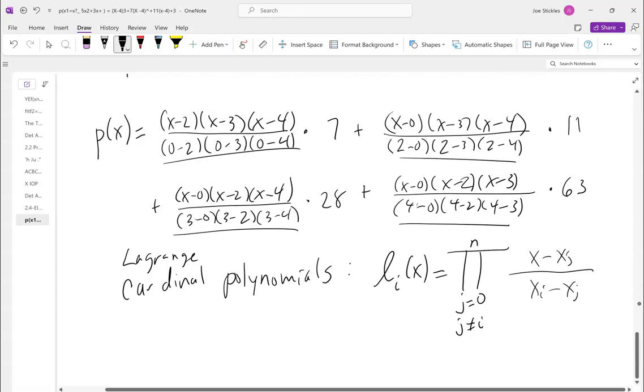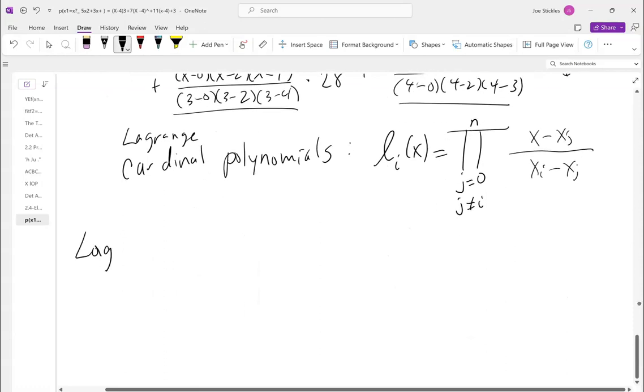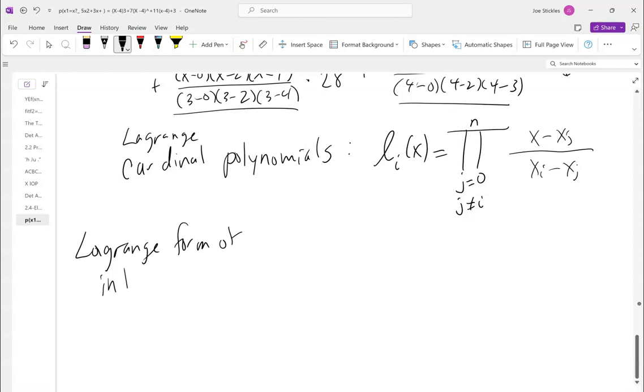Okay. Again, does that look like a really nice formula to try to remember? I think it makes more sense to try to remember the algorithm, correct? But this is the formula for the Lagrange cardinal polynomials. So then you can write your interpolating polynomials. So this is the Lagrange form of the interpolating polynomial. And this is exactly what we did.